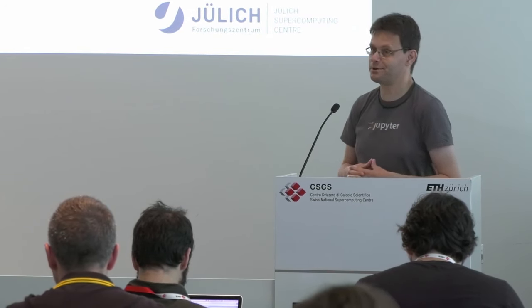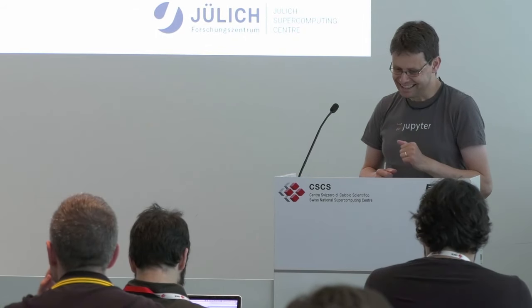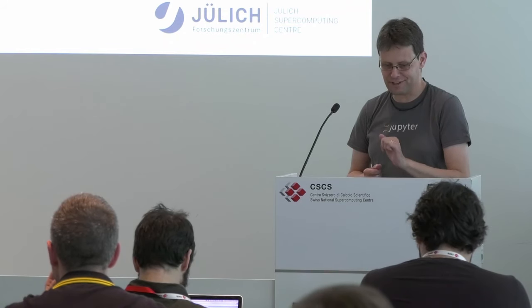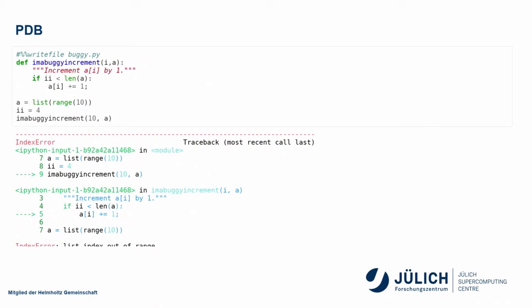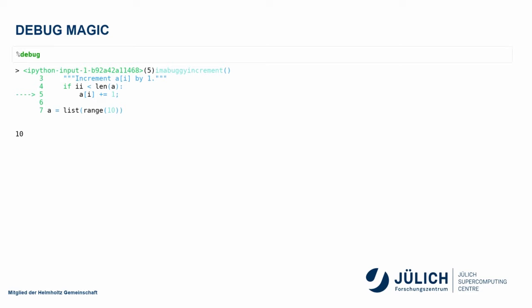Python actually comes with a debugger, the Python debugger. And in its pure form, it's horrible. Nevertheless, it is always available, and it's even available from within a notebook. So if you have a code that throws an exception in a notebook, you can call the debug magic afterwards and actually enter a debugging session.